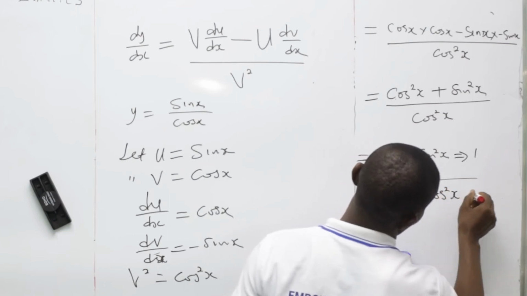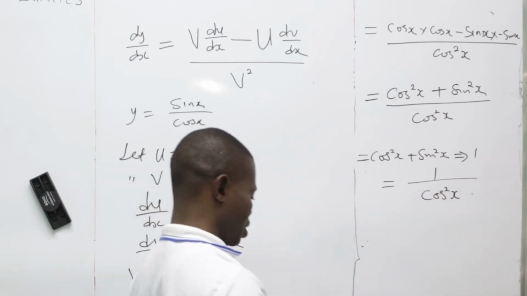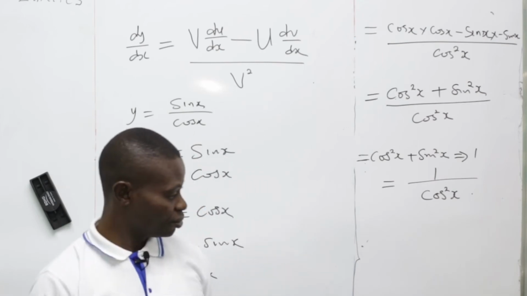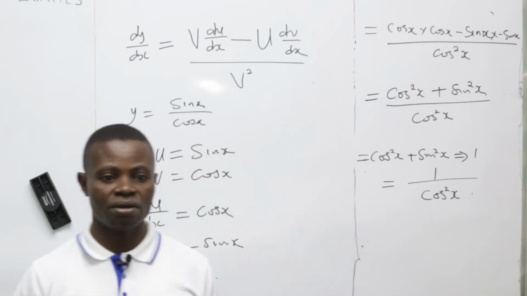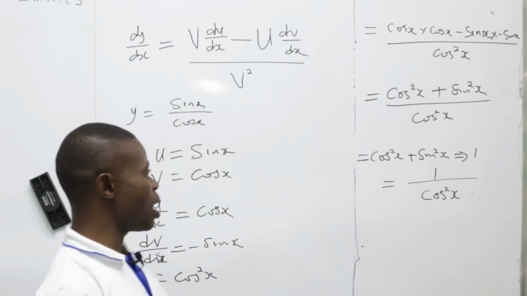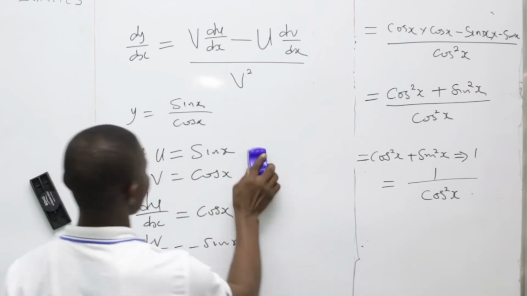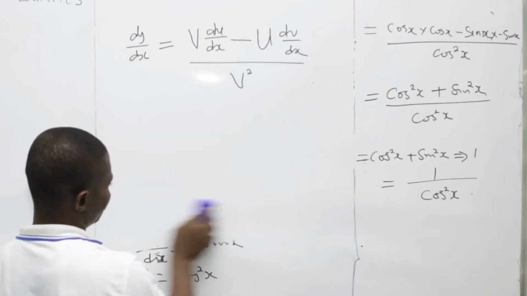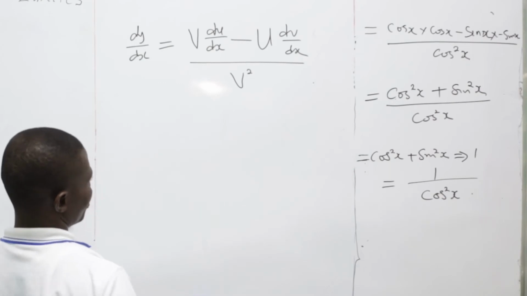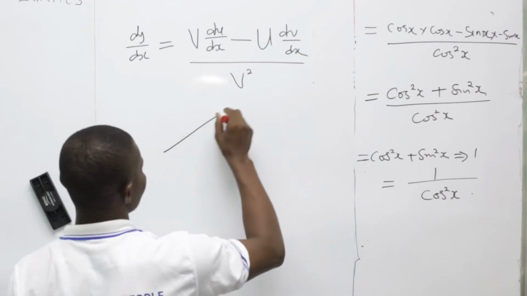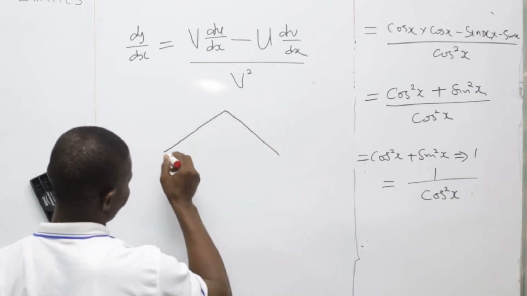Now, there is something I call the super hexagon. That super hexagon is where you can determine your values immediately. Let's have this super hexagon here.